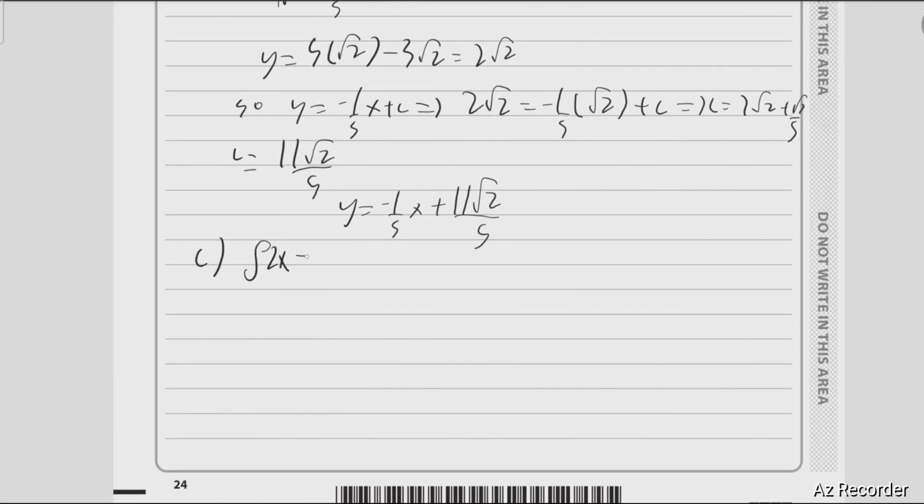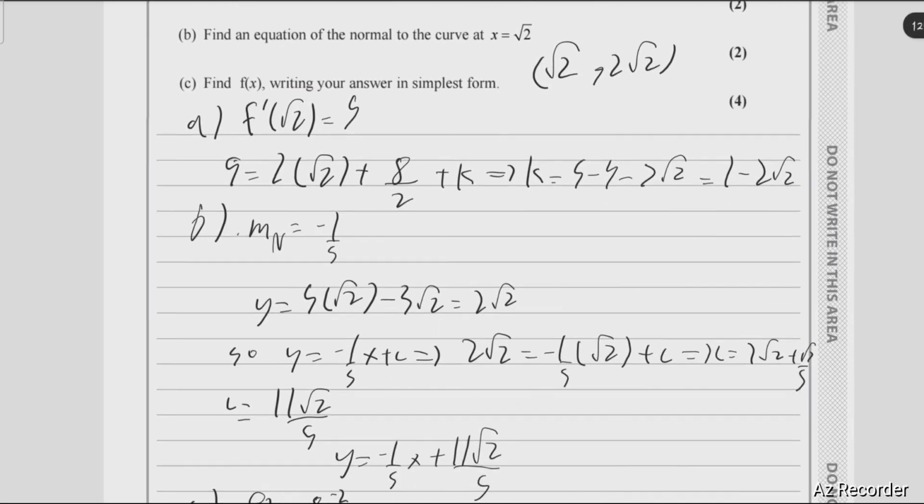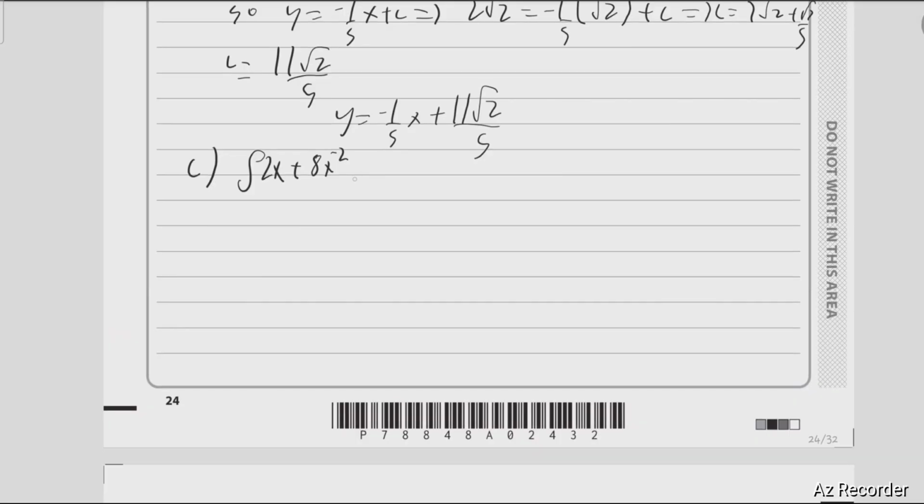2x plus 8x to the power negative 2. I'll just put k in this form and then we could substitute it so that I could write faster and easier. And time is valuable so much in the exam.